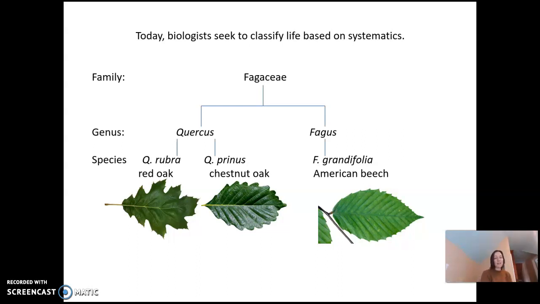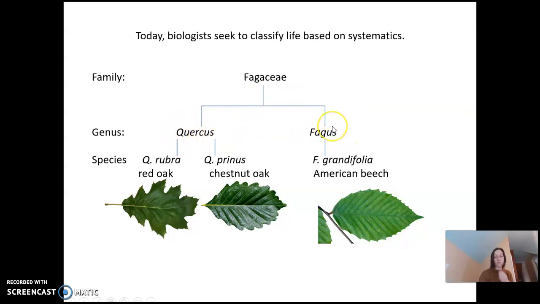We have around here the oak family, Fagaceae, and there are lots of different genera in this family. So this is the family name right up here. Two of the most common genera, genus, singular, in our area are Fagus and Quercus. Quercus is the genus of oaks.